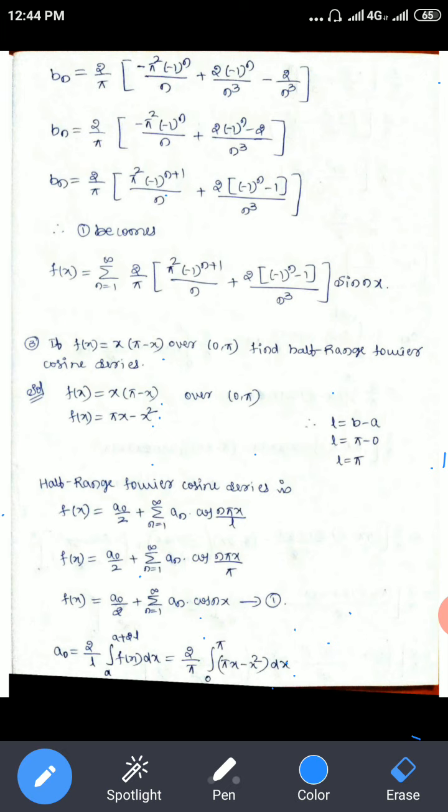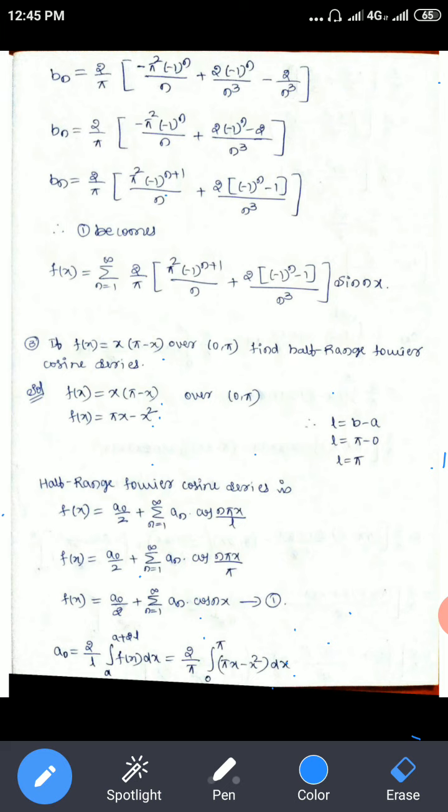If f of x is equal to x into pi minus x over 0 to pi, find half range Fourier cosine series. Sometimes in the exam they are asking both; it depends. Here I have given you sine series and cosine series, and here I want cosine series.